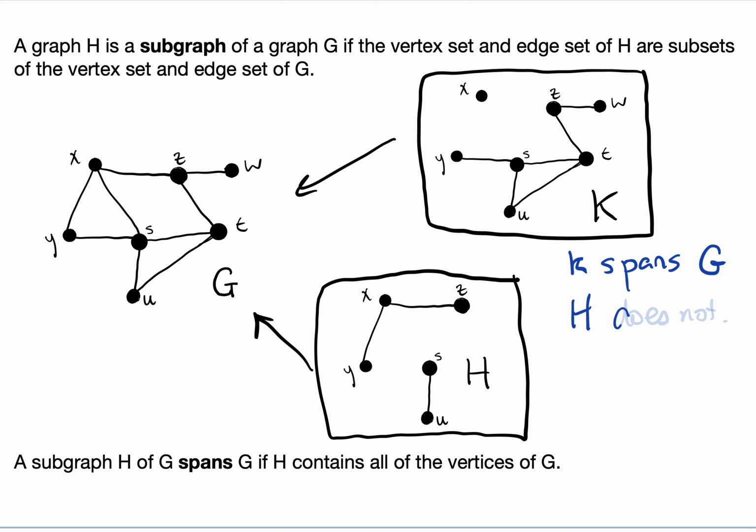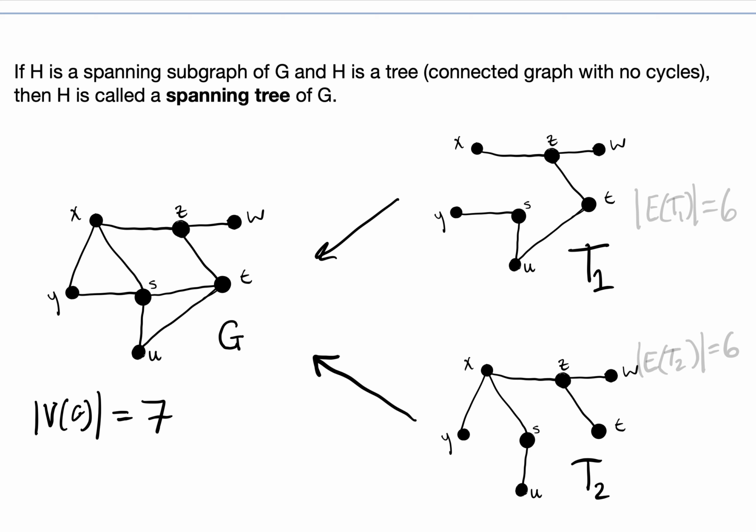So we were interested in a minimum spanning tree problem. And so let's observe one thing. If we look at the number of vertices in the graph G, then we've got 1, 2, 3, 4, 5, 6, 7. We've got 7 vertices in that graph. And let's count the number of edges in each of the trees. There is 1, 2, 3, 4, 5, 6.